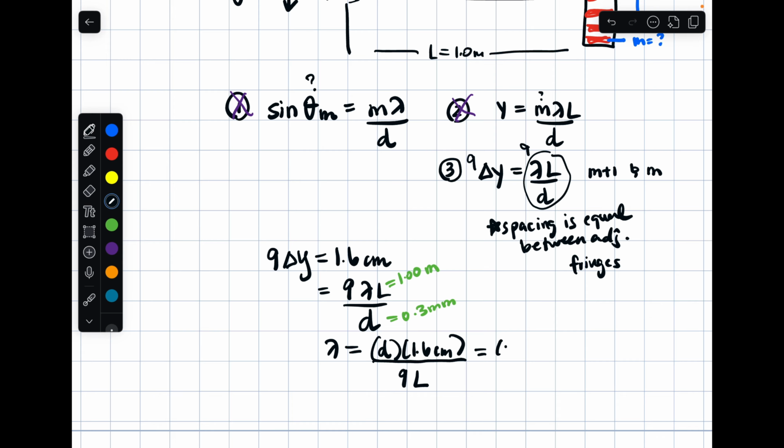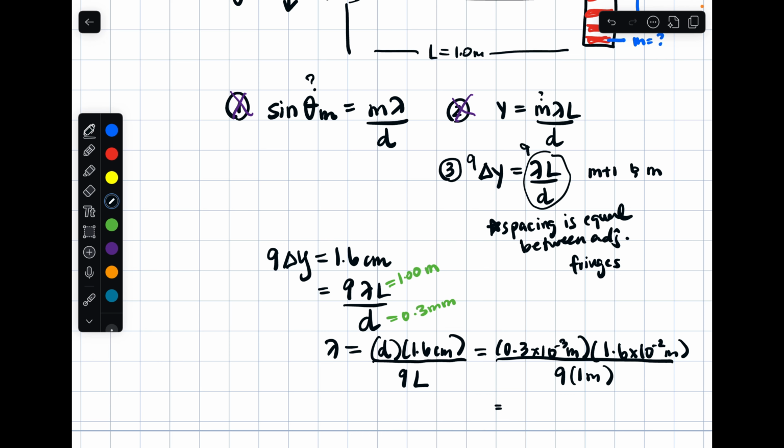And so let's write everything in SI units. So 0.3 millimeters for D is 0.3 times 10 to the minus 3 meters. 1.6 centimeters is 1.6 times 10 to the minus 2 meters. And then L is 1 meter.